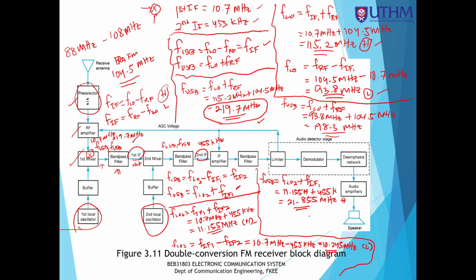What about if I use a low side injection? That means I use the lower frequency of the local oscillator. So the upper side band that I will produce with low side injection is FLO2 plus FIF.